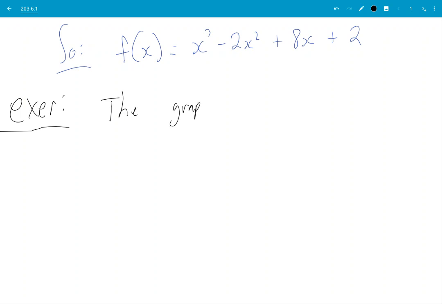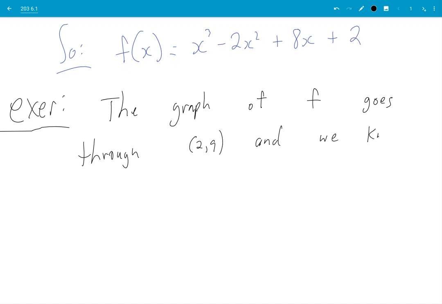The graph of f goes through (2, 9), and we know that f prime of x is x plus 1. Find the function f. So I'll give you the answer in the next video.